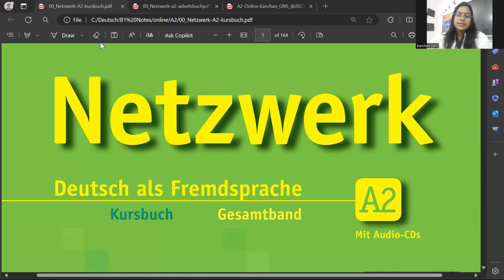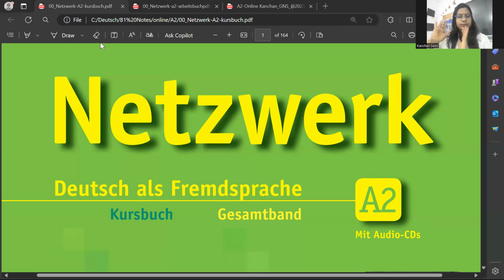Today we are going to do some new connectors like in the A1 level. We have already done A2, so we can say aber, und, denn, sondern, oder. To use these connectors, there is a good thing: in the first sentence we have the standard sentence structure, and in the second also we have a standard sentence structure.